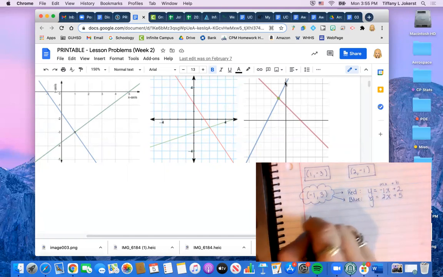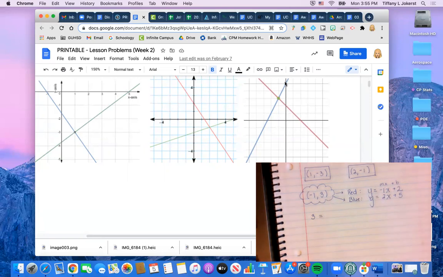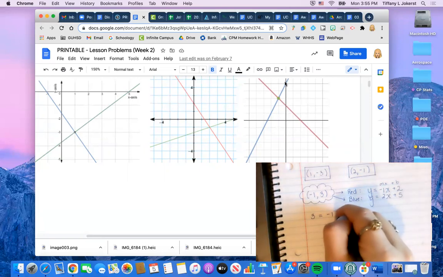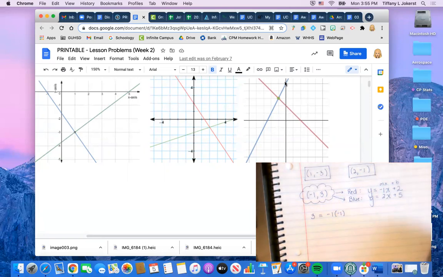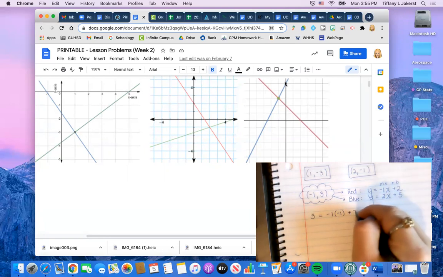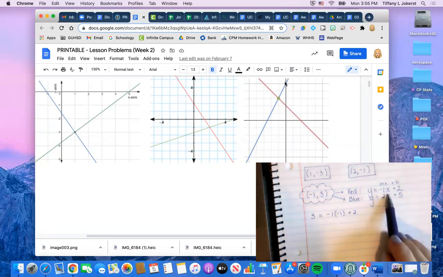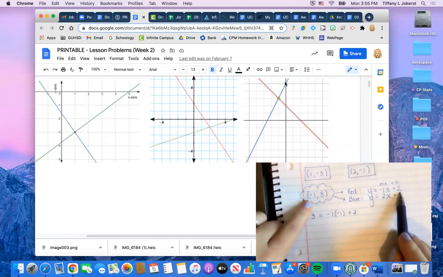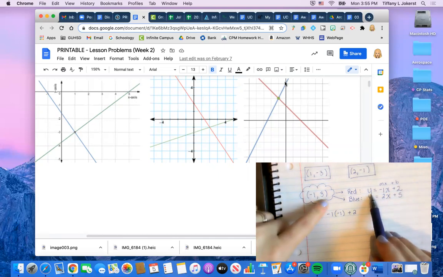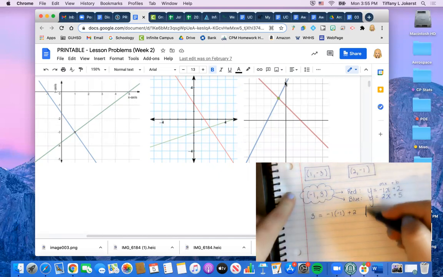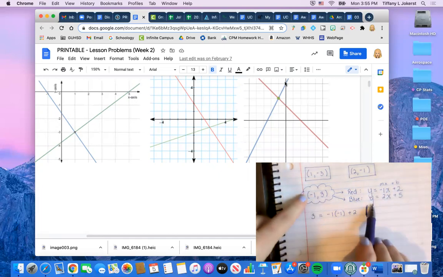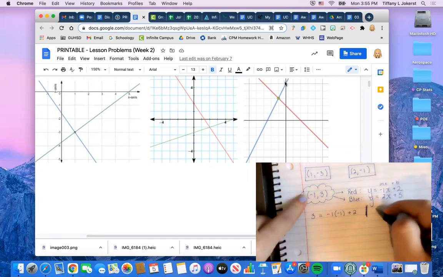So in my first one, I have y is, so 3 is equal to -1 times my x, which is -1, plus 2. All I did was plug in -1 for x, 3 for y. I'm going to do the same thing for the other one. So I need to plug this point into this one as well. So I'm going to have 3 is equal to 2 times -1 plus 5.